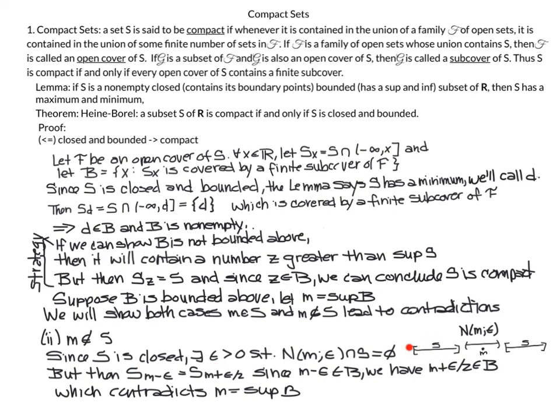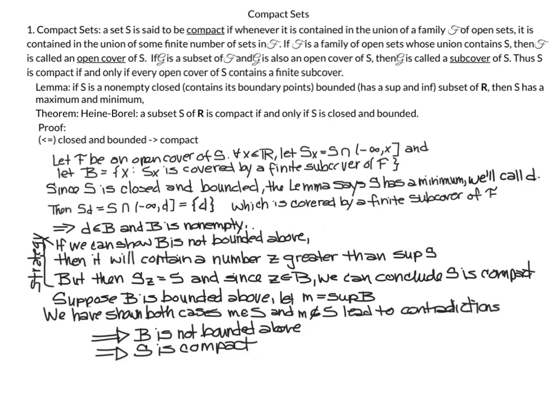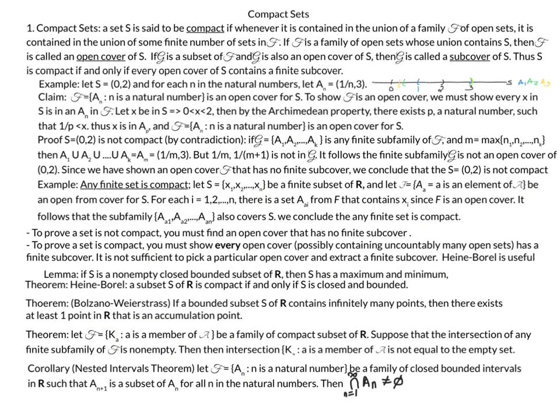It's just this portion of S. So we have M plus epsilon over 2 is one of these B's, which contradicts our assumption that M is equal to the sup of B. So what we have is B is not bounded above, and S is compact.